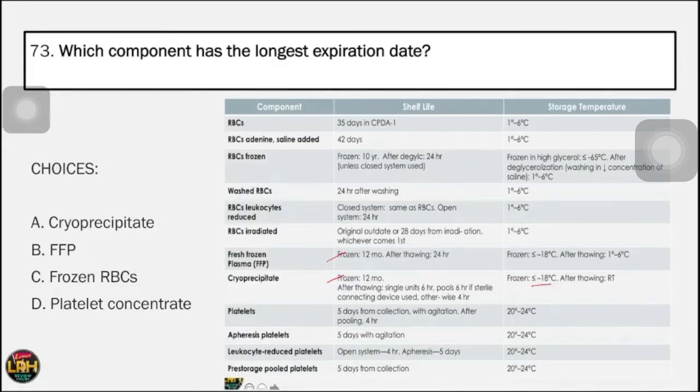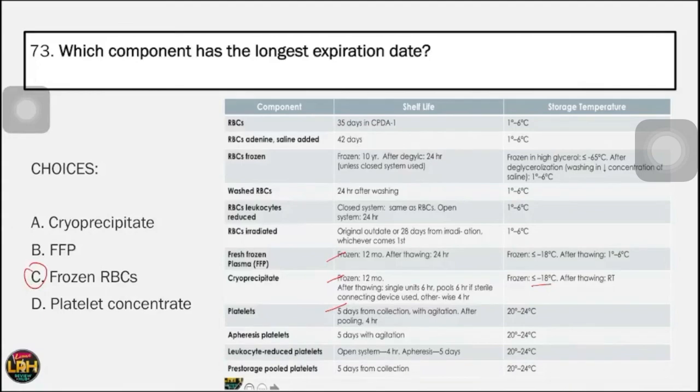We have platelet concentrate, which has the shortest expiration date among the given choices. With 5 days from collection, this platelet concentrate should be stored at 20 to 24 degrees centigrade. So the answer for number 73 is letter C, frozen red blood cells.